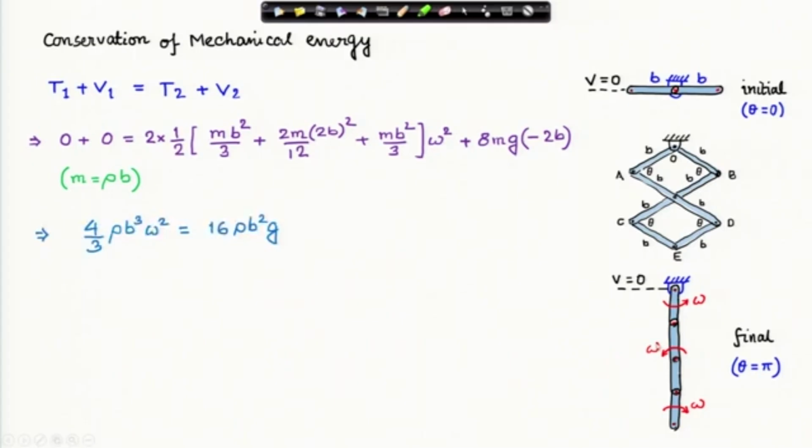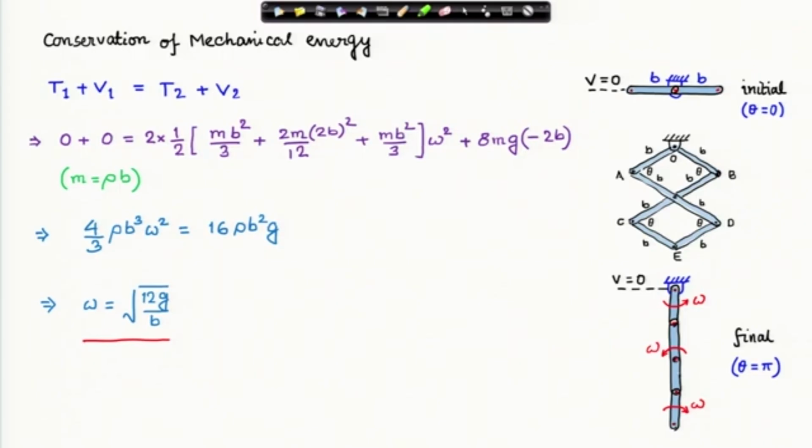The center of mass of the whole system is at this level, and from the datum it is at a distance of 2b in the negative direction, that is why minus 2b, and the total mass of the system is 8m, and g is the acceleration due to gravity. Once everything is in place, I can make simplifications, and finally I find the common angular velocity as under root 12 g by b, where b is the length of the smaller bars.